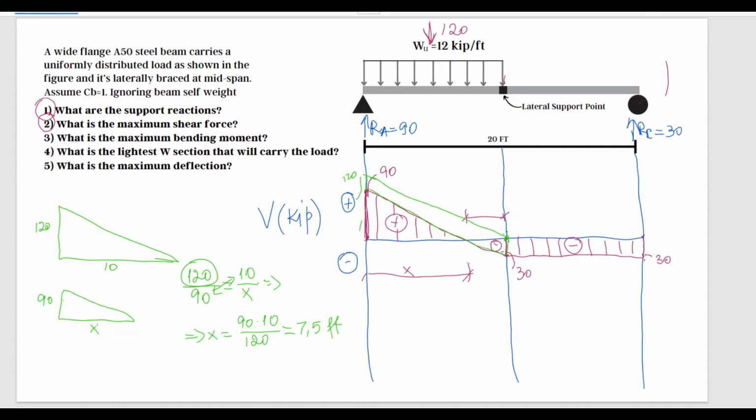That means we can also calculate this value over here. If x is 7.5 and the total distance is 10, that means that this small distance here is 2.5. And we calculated this because we need it to draw the bending moment diagram.